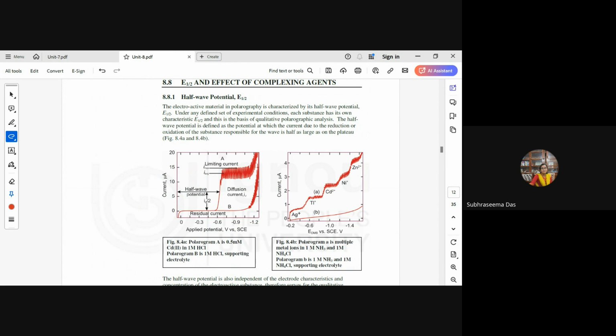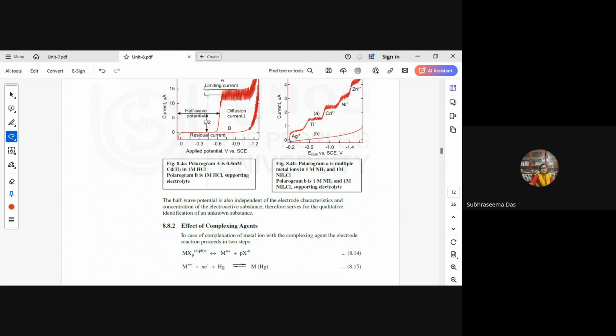The E half is defined as the potential at which the current due to the redox process, either the reduction or the oxidation, responsible for the wave is half as large as on the plateau. The half wave potential is also dependent on electrode characteristics and concentration of the species, and therefore it also serves as a measure for qualitative identification or in qualitative analysis.